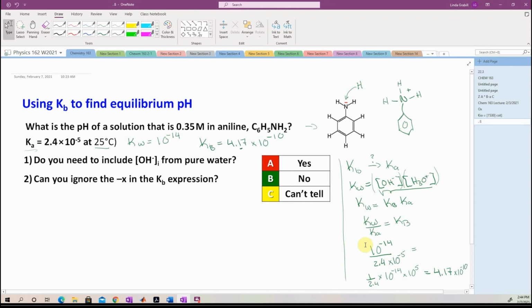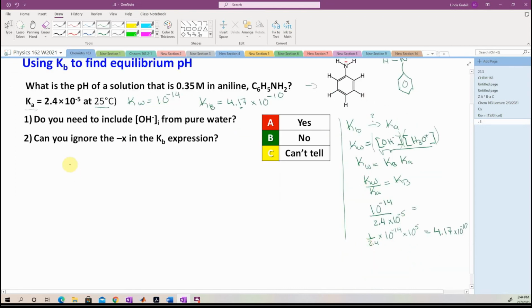All right, now let's write out our expression. What am I going to get? C6H5NH2 aqueous plus water liquid is in equilibrium with, let's see, so what have we done? This is my base. That means that this is my weak base. It means this is acting as my weak acid.